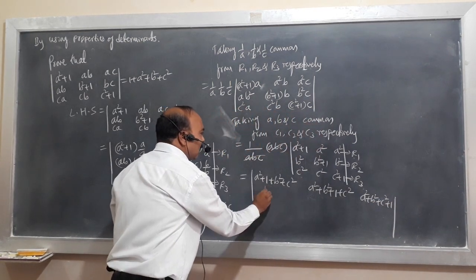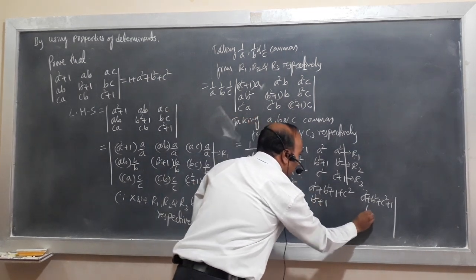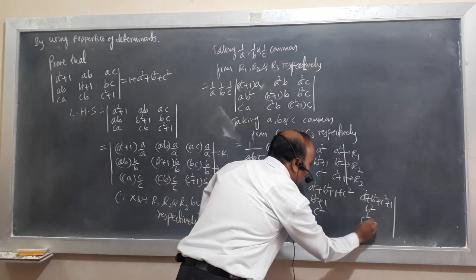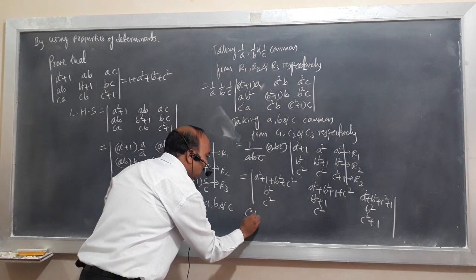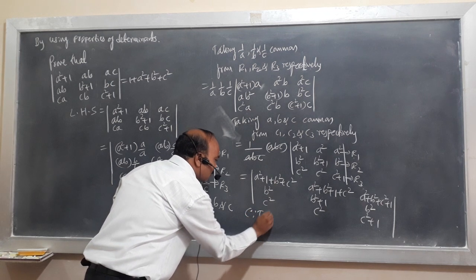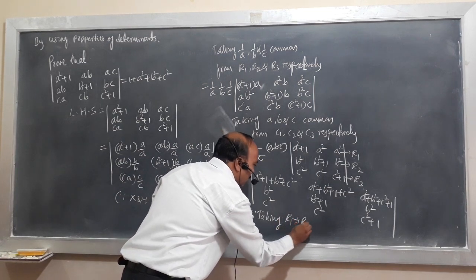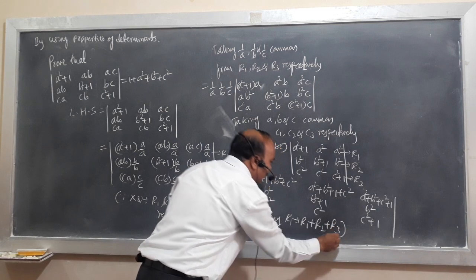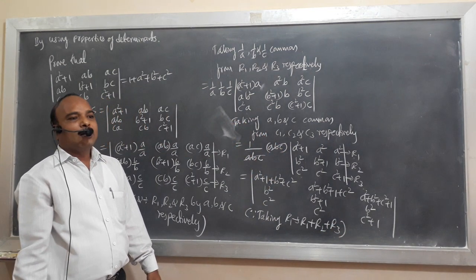The remaining rows are as they are: b square plus 1, b square, c square, c square plus 1. Because what we have done here is the transformation R1 as R1 plus R2 plus R3. By taking this transformation we get this result.